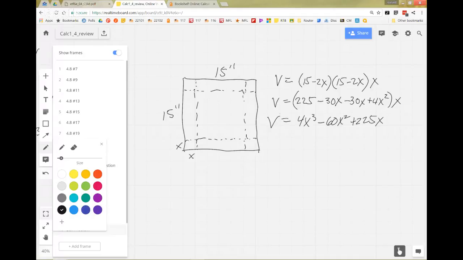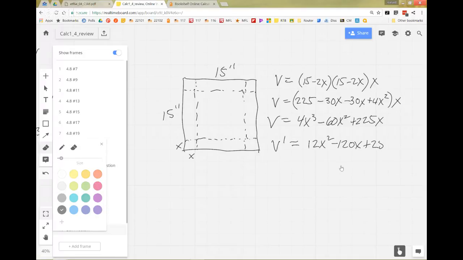Now, the whole idea is to maximize this, which means this is the perfect time for our first derivative. So V prime equals 12x squared minus 120x plus 225.